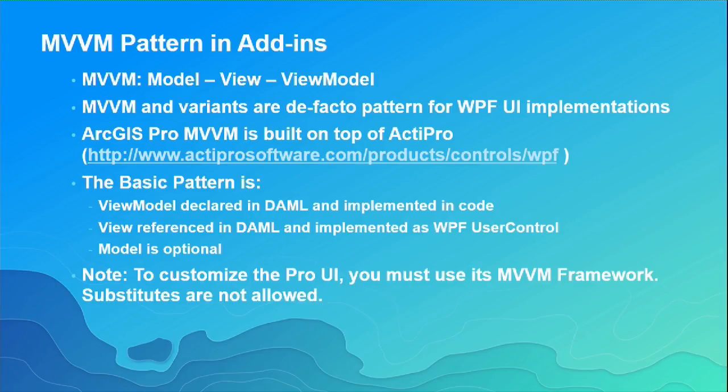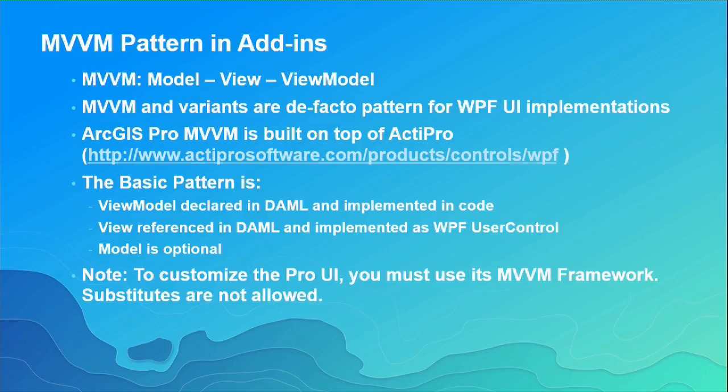And the basic pattern is the view model is declared in our DAML and then implemented in code. We'll see that shortly. The view itself is referenced in DAML and is implemented as a WPF, a Windows Presentation Foundation user control. And the model itself is optional. So to customize the Pro UI, you have to use the MVVM framework.